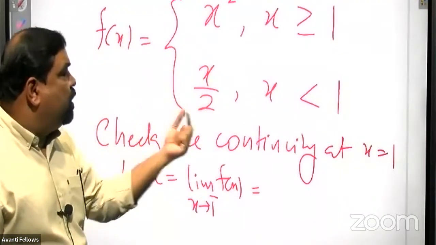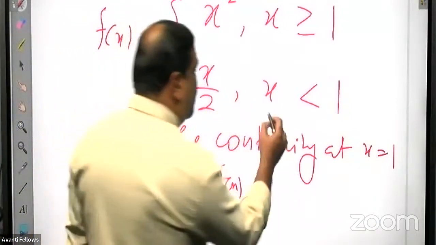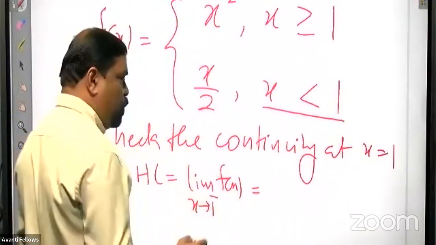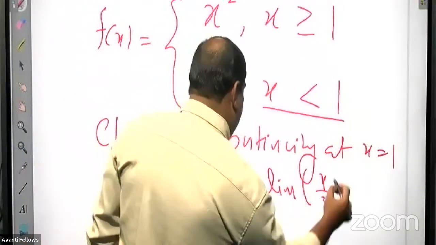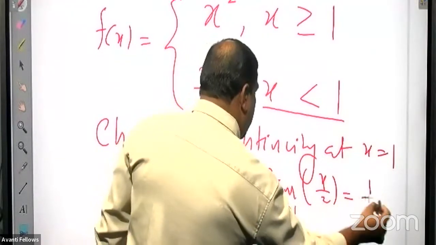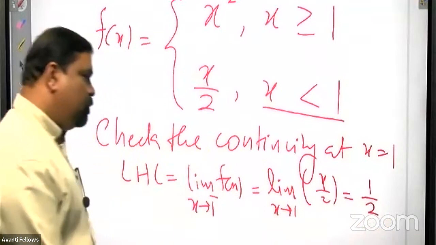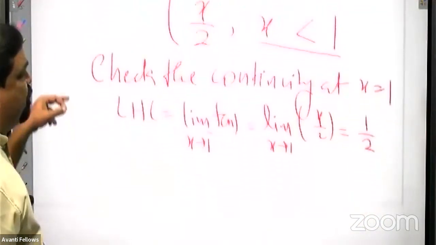So we have to take x by 2, since x is less than 1. So the limit of x by 2 as x approaches 1 means 1 by 2. So the left-hand limit is 1 by 2.